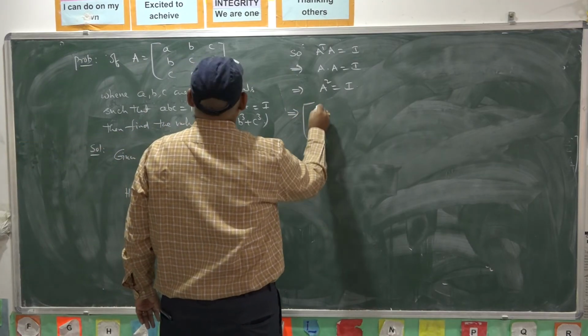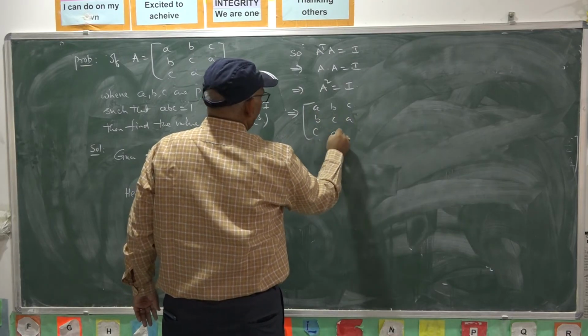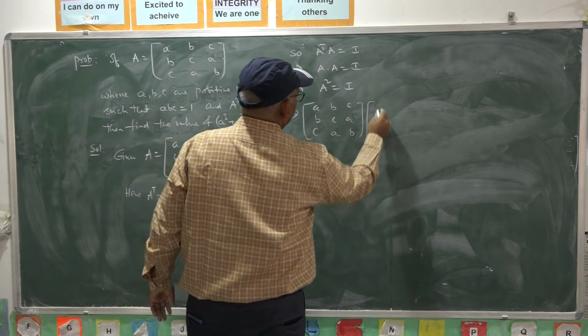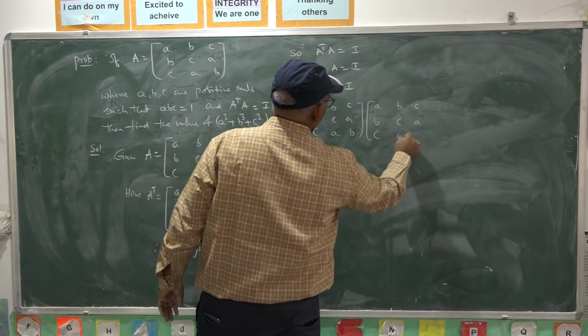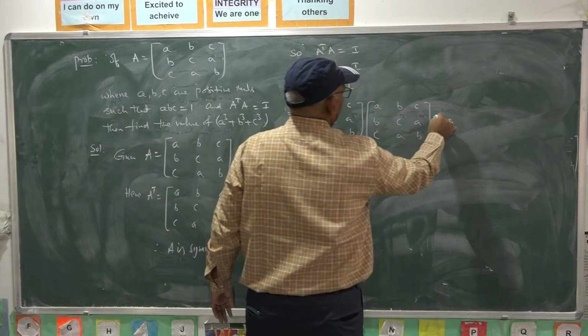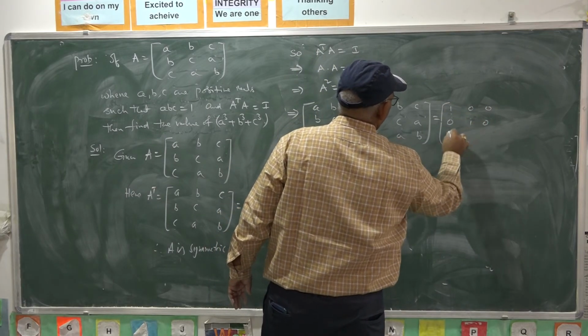That is [A, B, C; B, C, A; C, A, B] multiplied with itself, equal to I, which stands for [1 0 0; 0 1 0; 0 0 1].